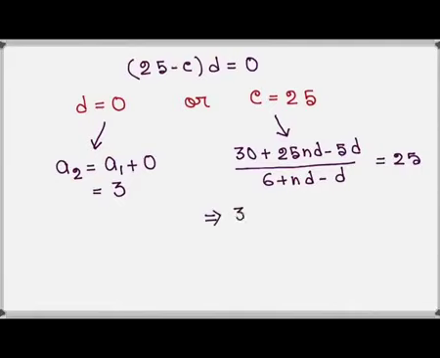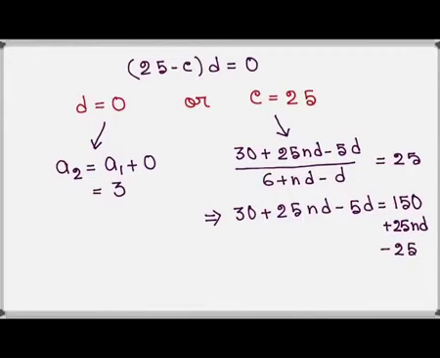Therefore, 30 plus 25nD minus 5D is equal to 150 plus 25nD minus 25D.